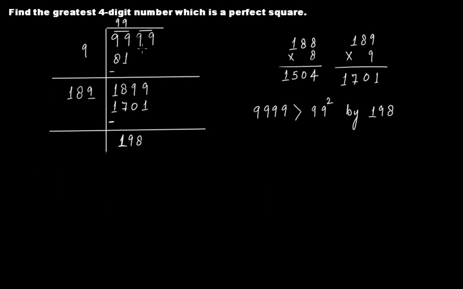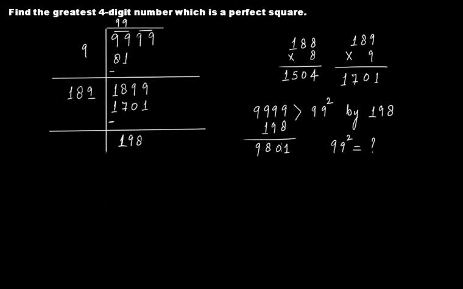So if we subtract from this 9999 this number 198, the number you'll get will be equal to 99 squared, because in that case you'll get this remainder 0, right? So if you subtract 198 from this one, you get 9801.